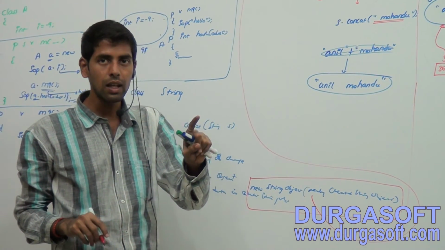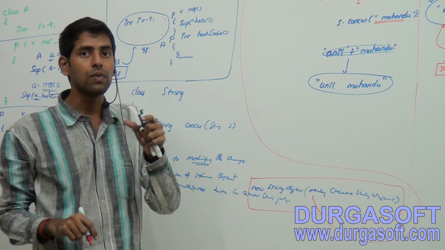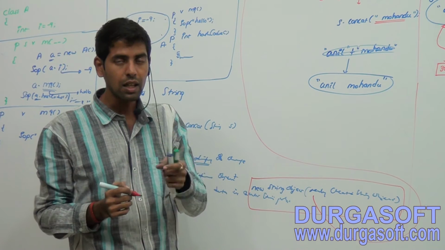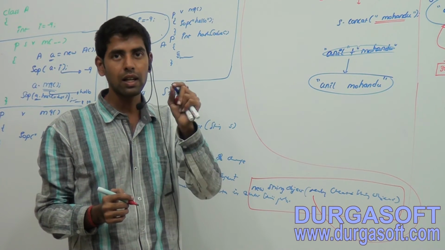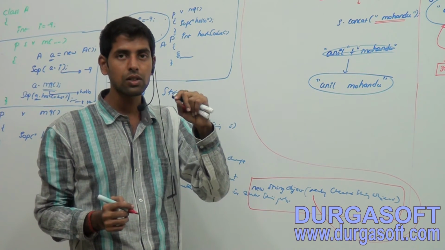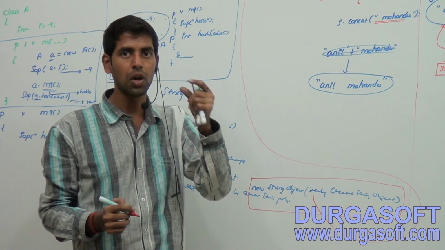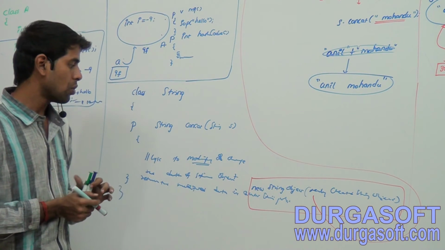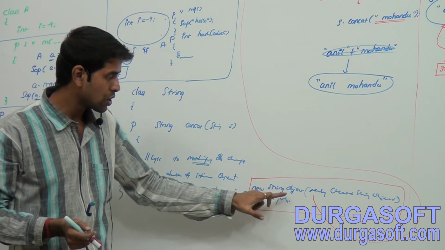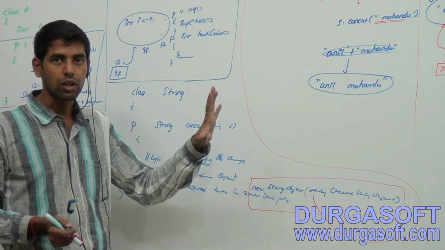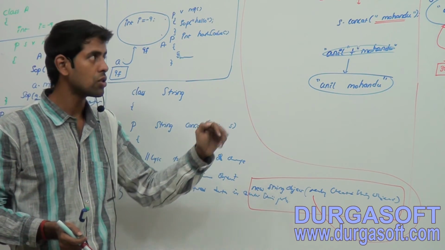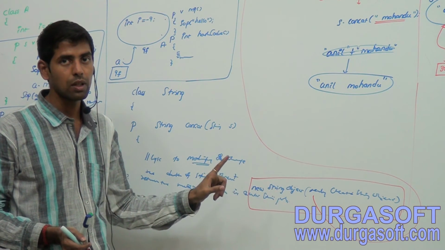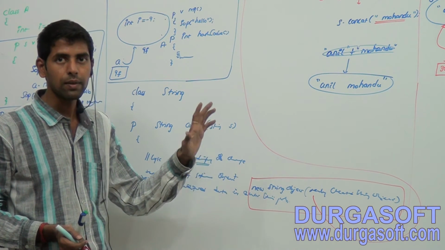Because of any method call, if there is any string object data changes or string object data modifying, then with those modified data, a new string object will get created. Why? String is immutable. That knowledge is also very important. We have discussed that also.